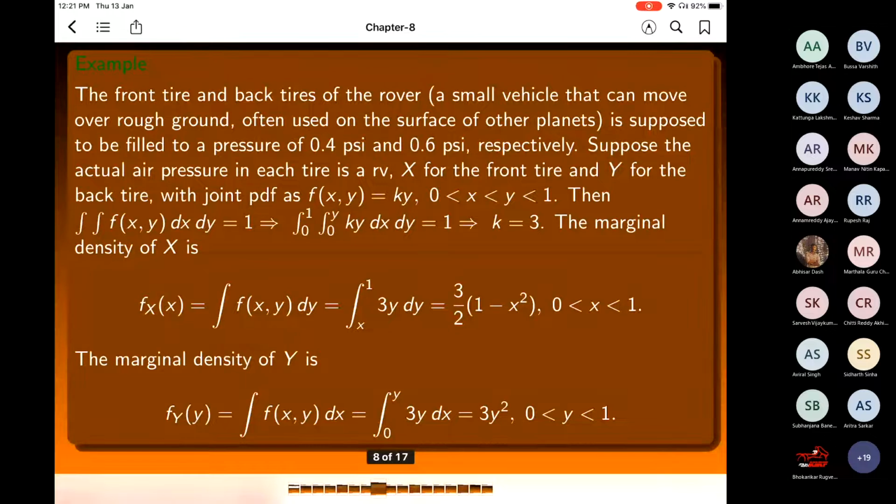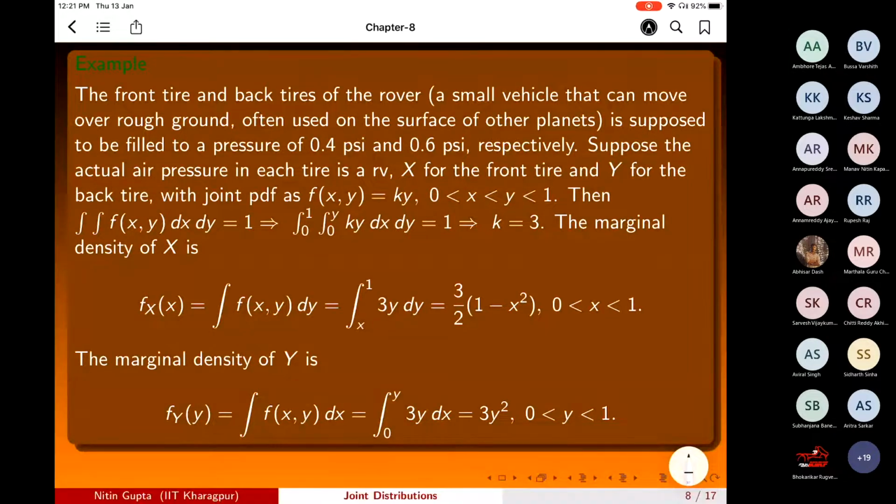Now let us take this example. The front tire and back tire of the rover. A rover is a small vehicle that can move over rough ground, often used on the surface of other planets. The front and back tires of the rover are supposed to be filled to a pressure of 0.4 psi and 0.6 psi.